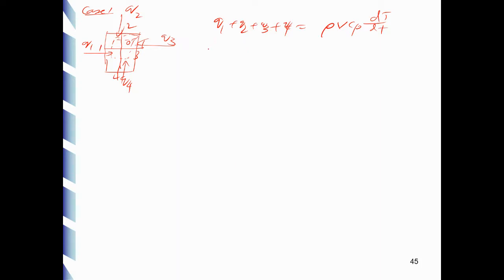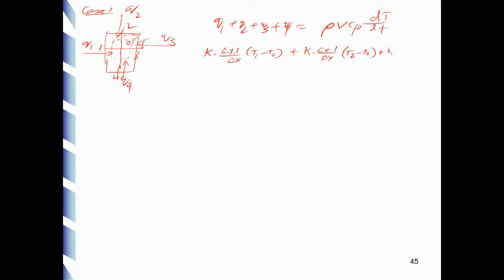Same as before, that you know. k delta y times 1 by delta x, T1 minus T0. Q2: k delta x times 1 by delta y, T2 minus T0.